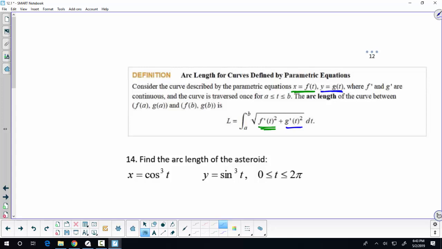So if you want to think of that as the square root of x prime squared plus y prime squared with respect to t, you certainly can do so.